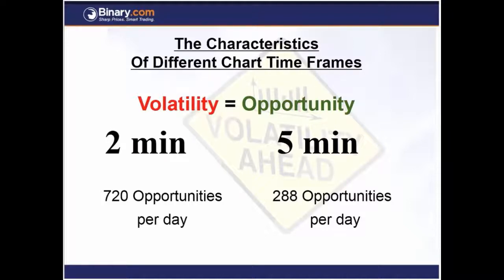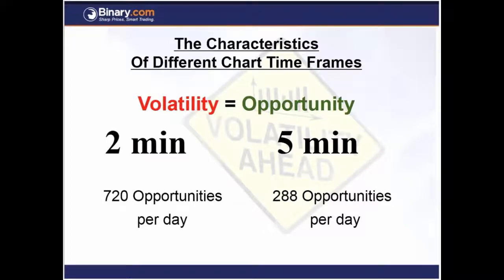So across different time frames, for example, the 2 minute time frame, we have some volatility across different pairs. On a 2 minute time frame, price fluctuations tend to be relatively stable.